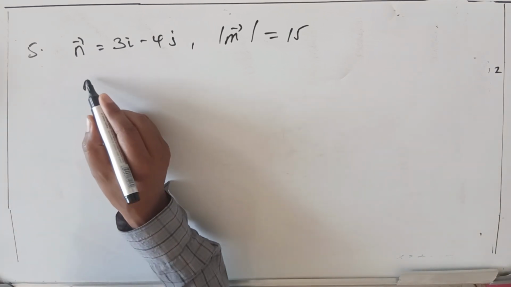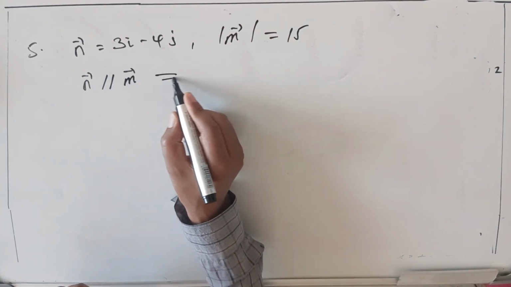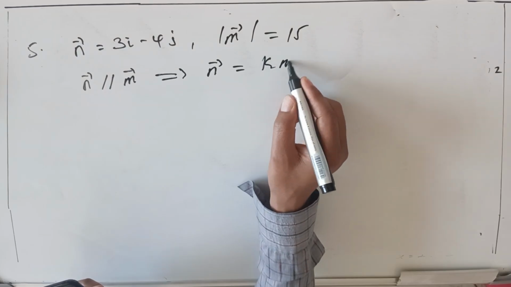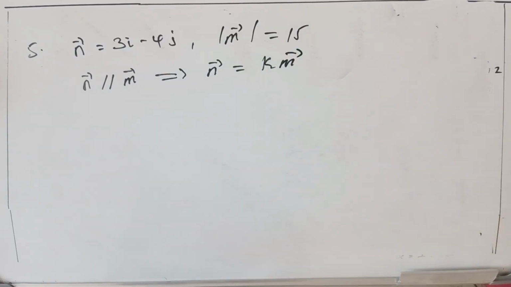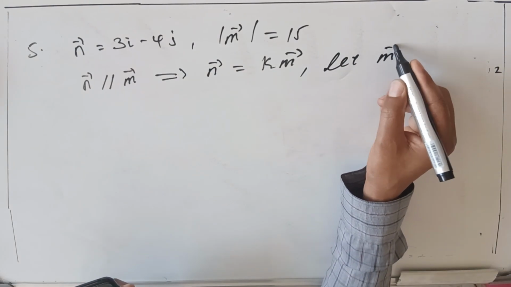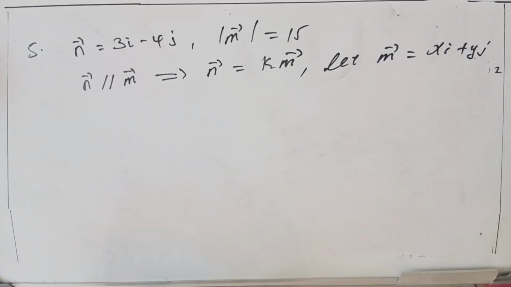That is, vector n is parallel to vector m. This implies n is equal to k times vector m. And it's given that the magnitude of vector m is 15 units. And since we don't know vector m, let vector m be equal to xi plus yj.